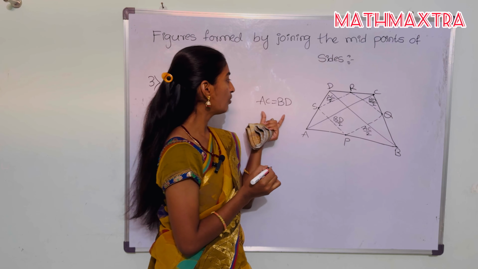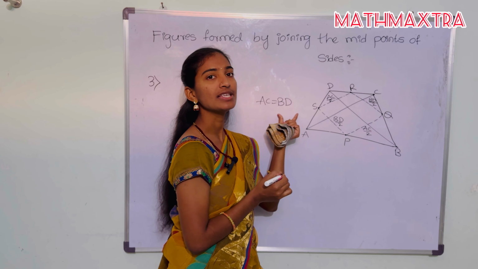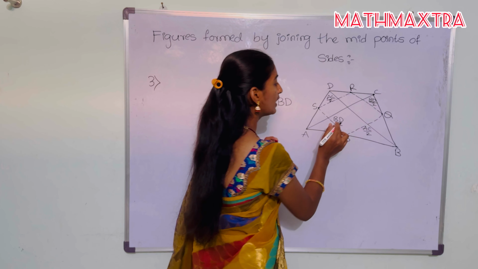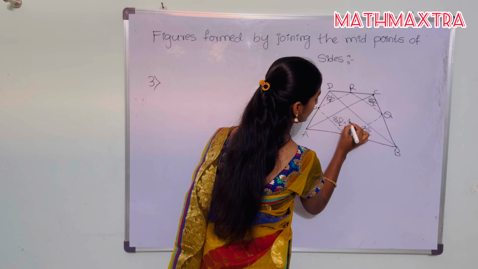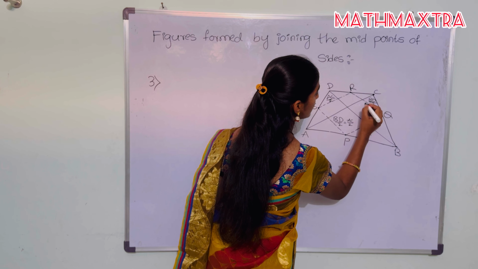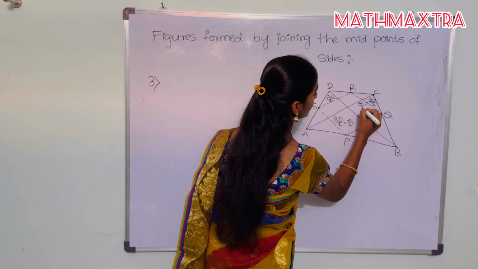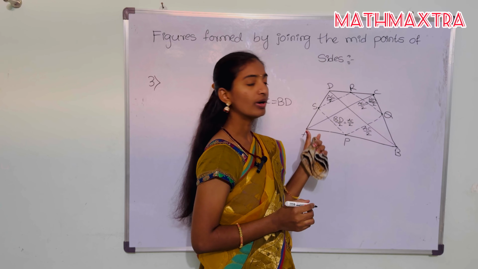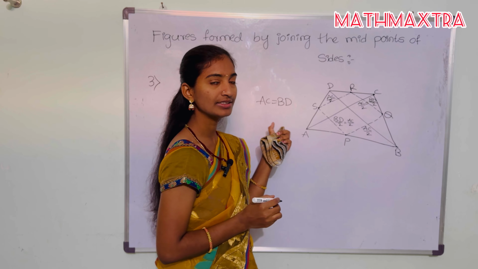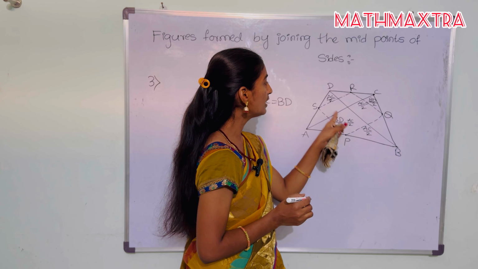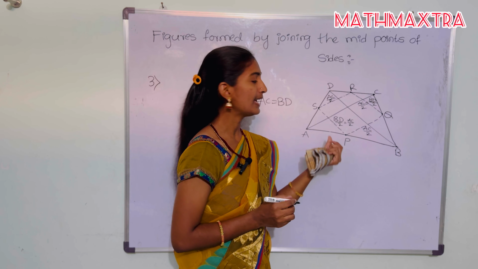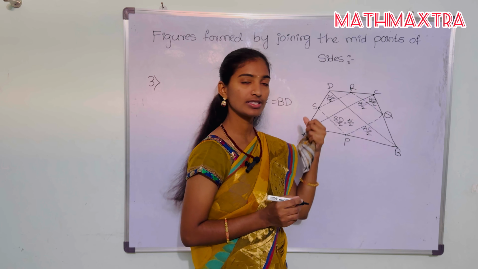But we know very well that AC is always equal to BD. So we can replace this BD by AC, isn't it? AC by 2, and this is also equal to AC by 2. Now we have got a different quadrilateral other than a parallelogram. See, all the sides are equal: AC by 2, AC by 2, AC by 2, AC by 2.